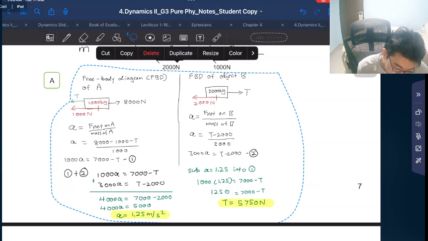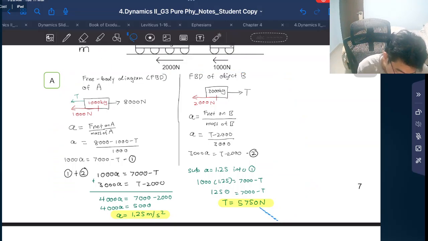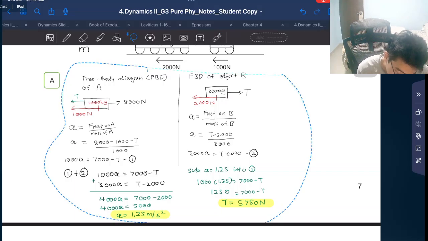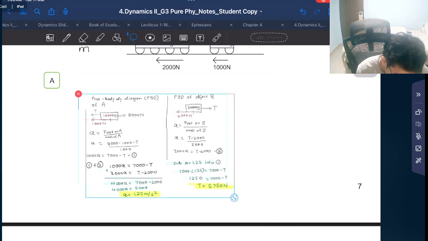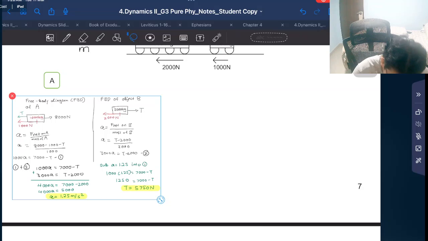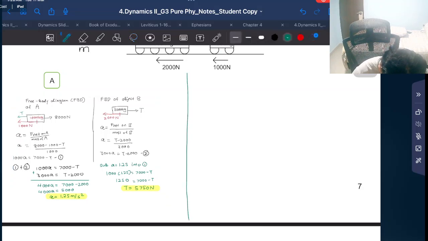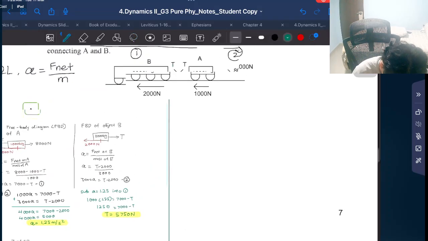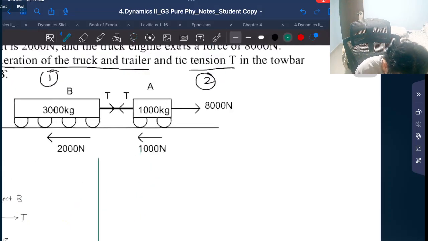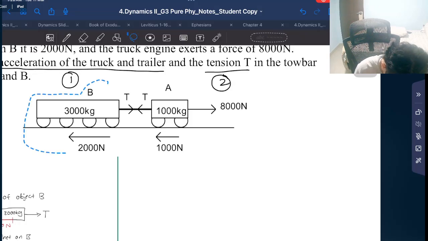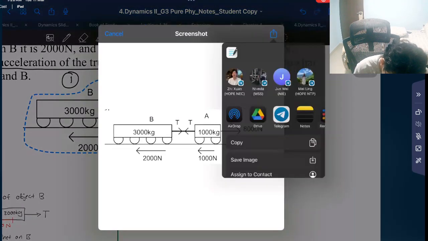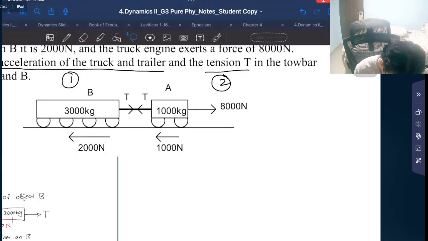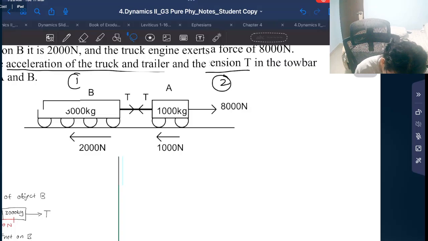The other method that we can try is when I see the entire system together. What do I mean by this? Let me draw another line to separate it out. I'm going to see the whole thing together.